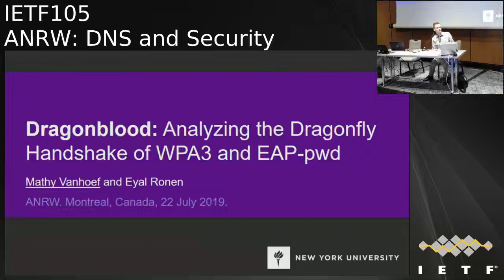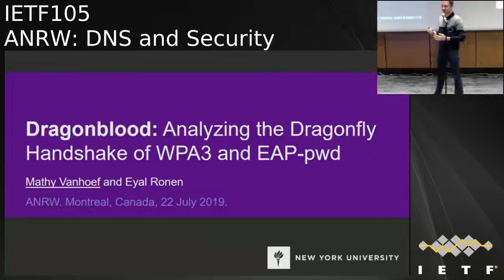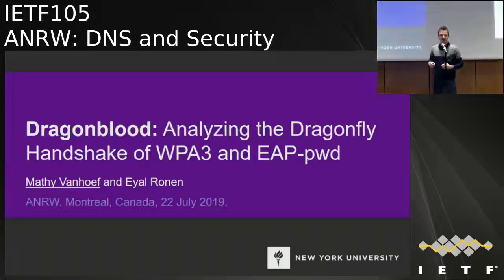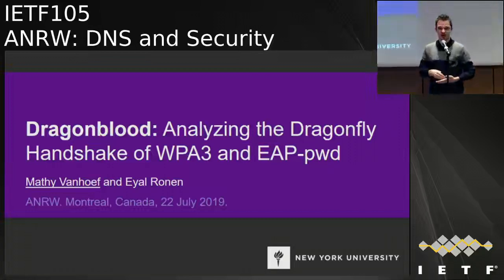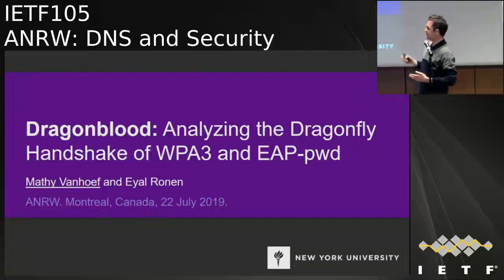So I'm going to be talking about WPA3 and specifically about the Dragonfly handshake that is used now in this protocol. And this Dragonfly handshake is also used in EAP-pwd. And this research was done in collaboration with Eyal Ronen.